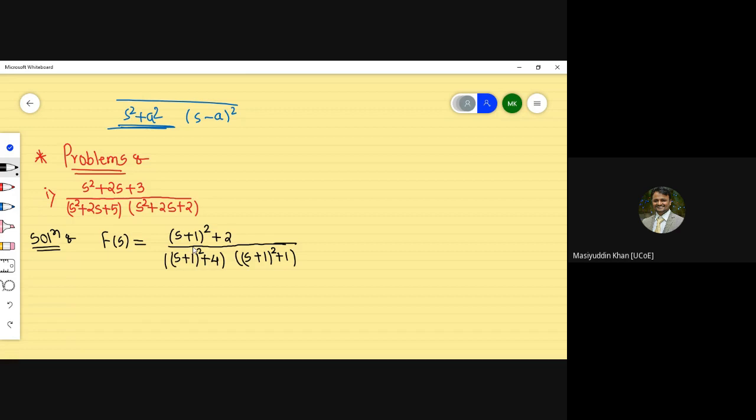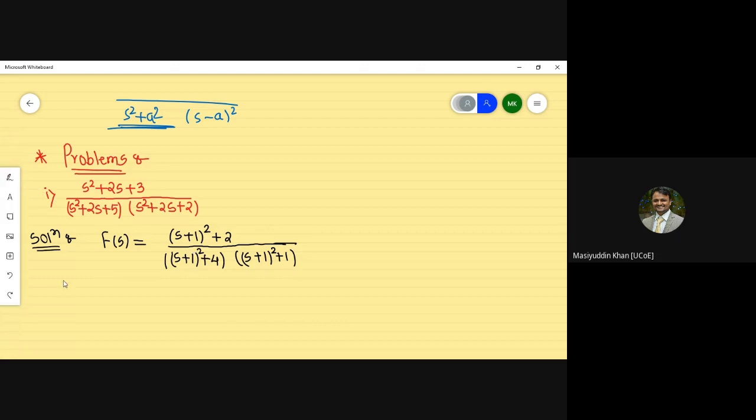So similarly, in an inverse Laplace transform, if s plus 1 is present in a function, we have to work it out using the inverse Laplace transform with the first shifting theorem. So similar things we have to apply here.